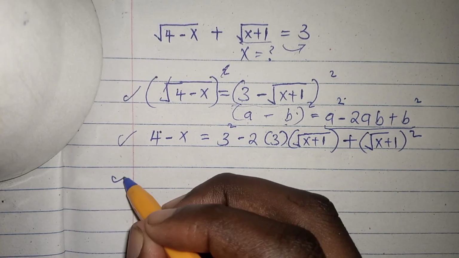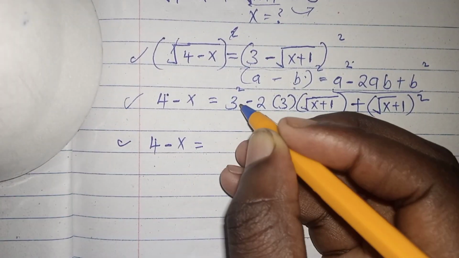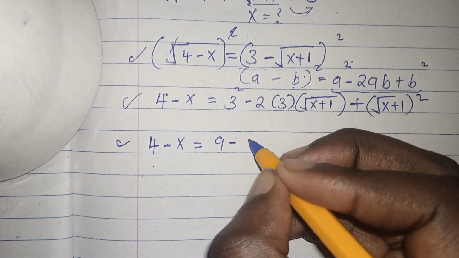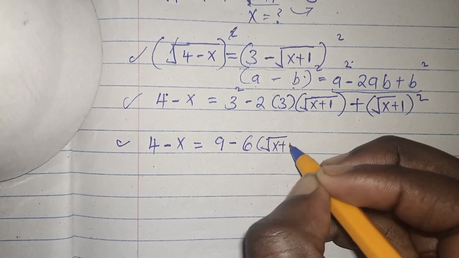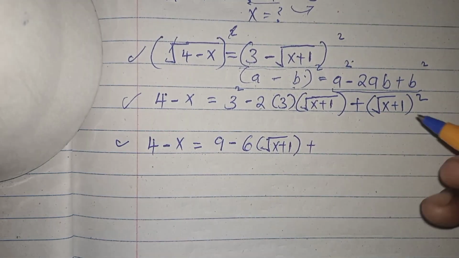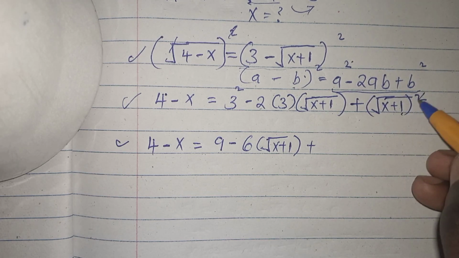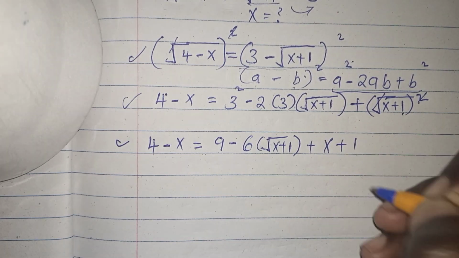Right? So next step, 4 minus x is equal to, this is 9 minus, so 2 times 3, this is 6, square root x plus 1 plus, so we have square root x plus 1 squared. So this square will cancel with the square root and this will be x plus 1.